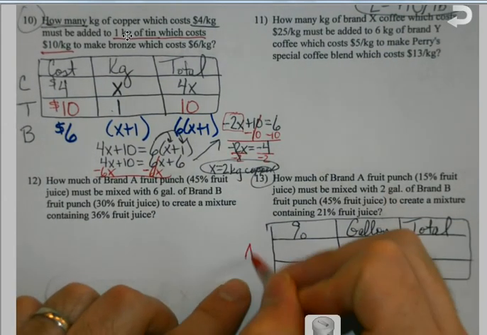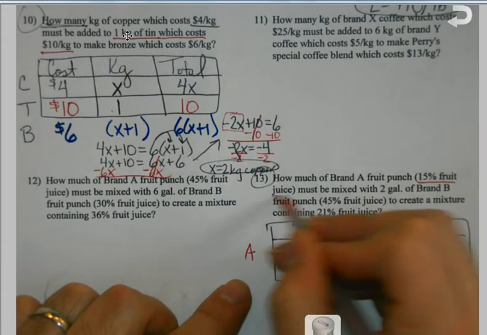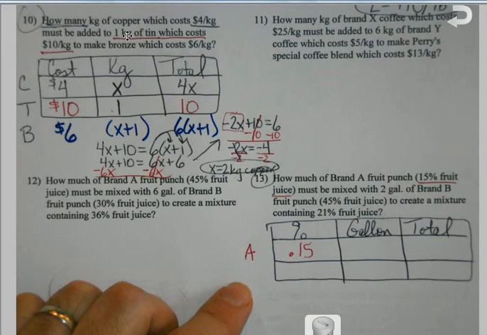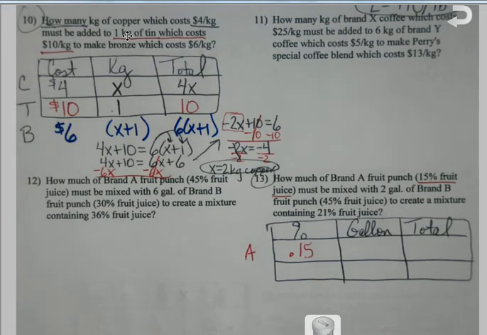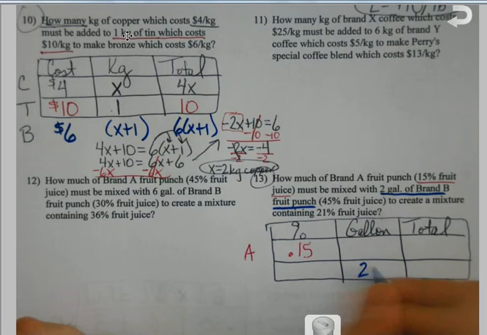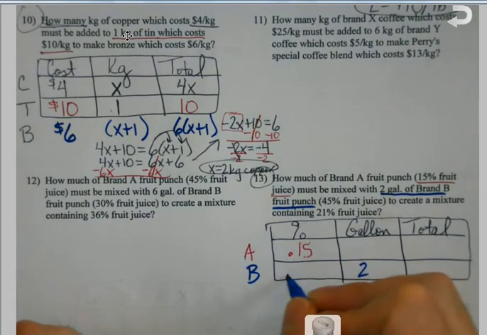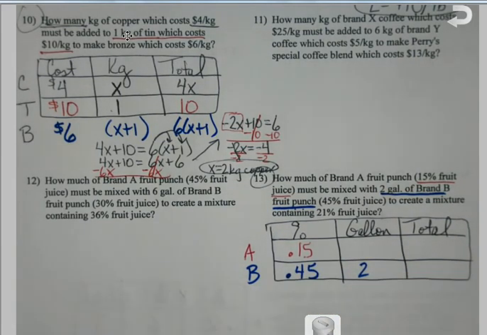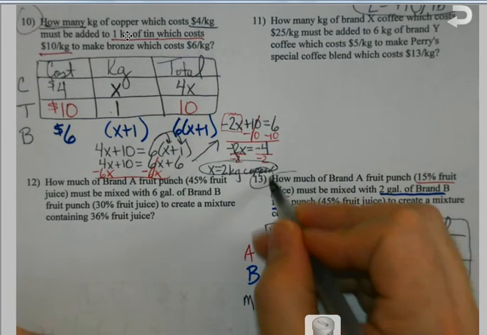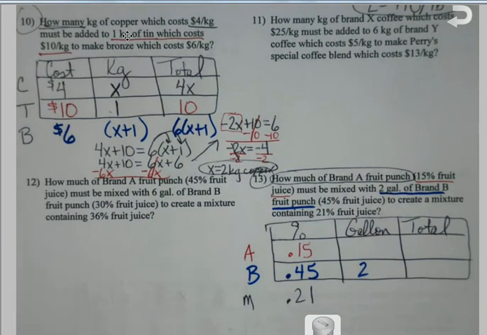How much of brand A fruit punch, 15%, 0.15, fruit juice, must be mixed with 2 gallons of brand B fruit punch, which is 45% fruit juice, to create a mixture that contains 21%? I don't know how many gallons of brand A.